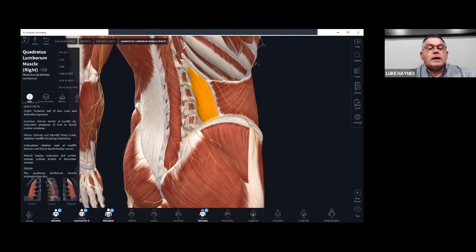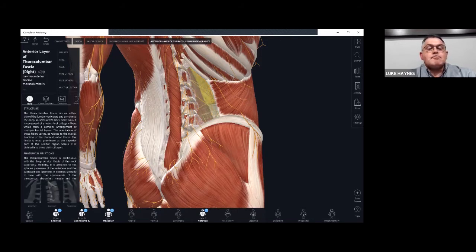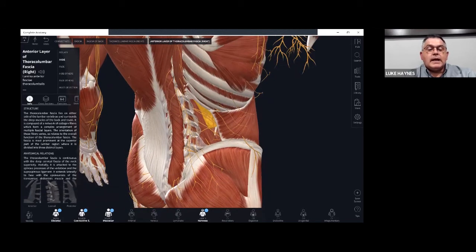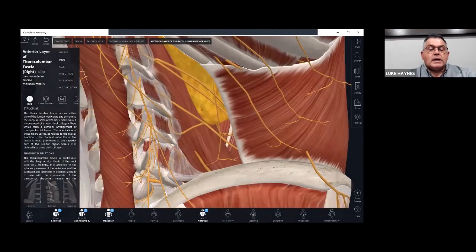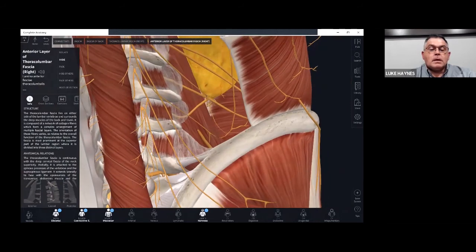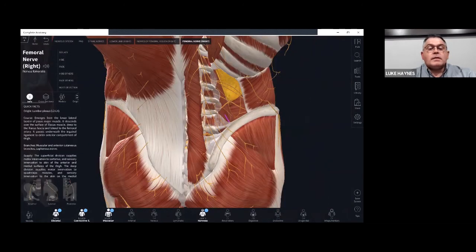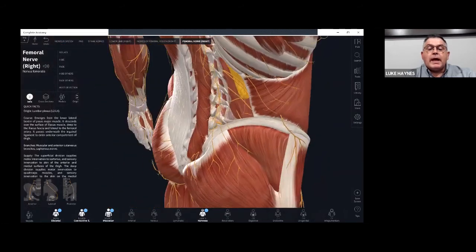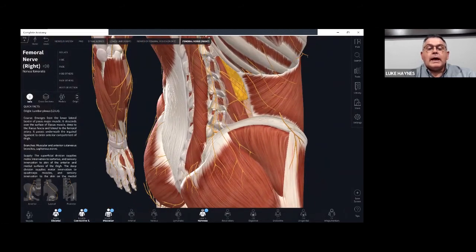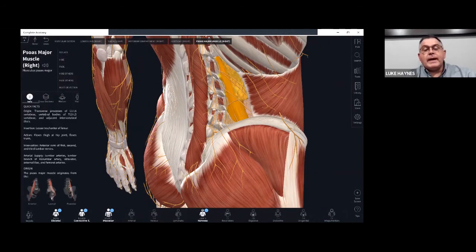So a nice add-on here, anytime we're dealing with motor weakness in the quads, in rec fem, as you'll see, the femoral nerve comes up and it pierces through at L2, L3, and L4 through psoas major.